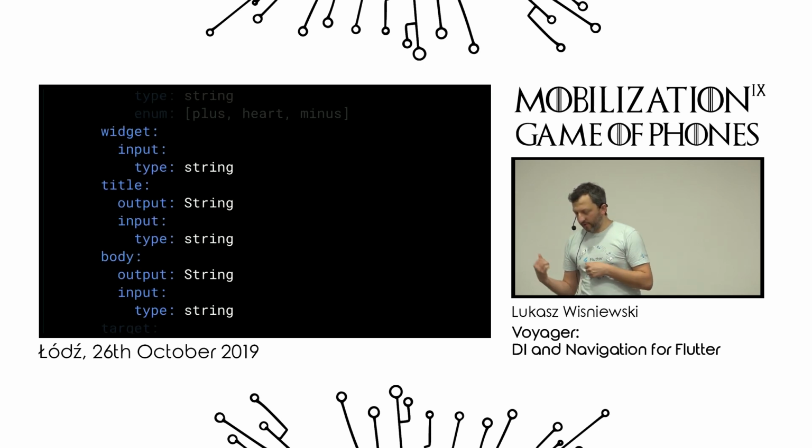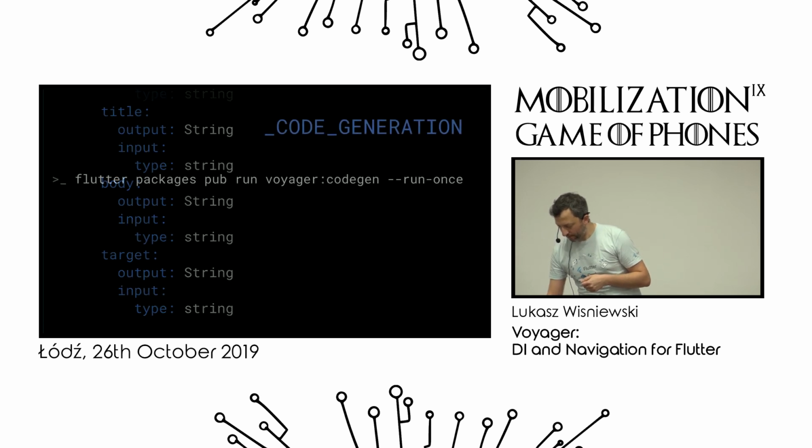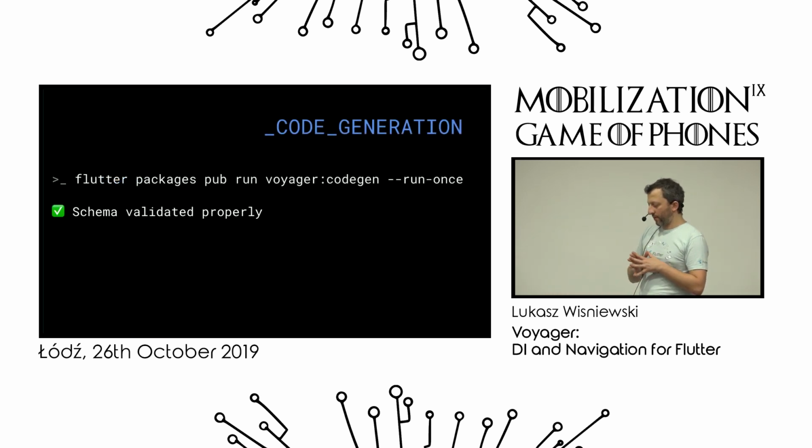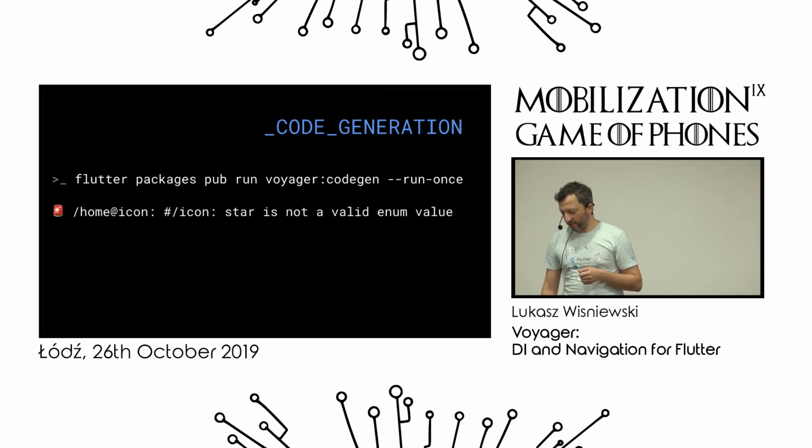If we do it for icon, we also need to do it for all the other plugin nodes. Now if you run Cogeneration again, you're going to get feedback on whether your schema is all good, or maybe you used something you should not. Also, it depends how good your schema is.